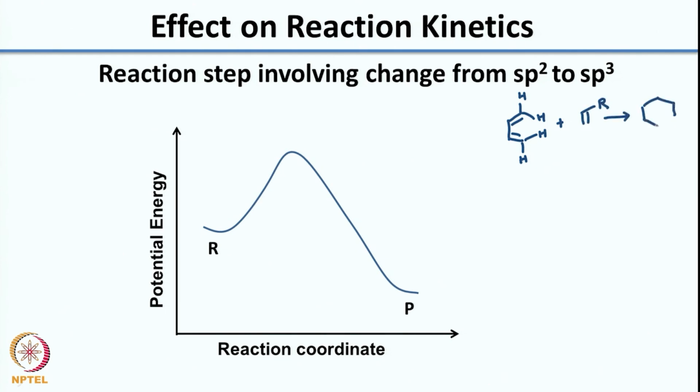The product you get is cyclohexene, and then you have these hydrogens here and the R group here, and if we are making substitutions here, so here again the bond is not breaking, we are going from sp2 to sp3.